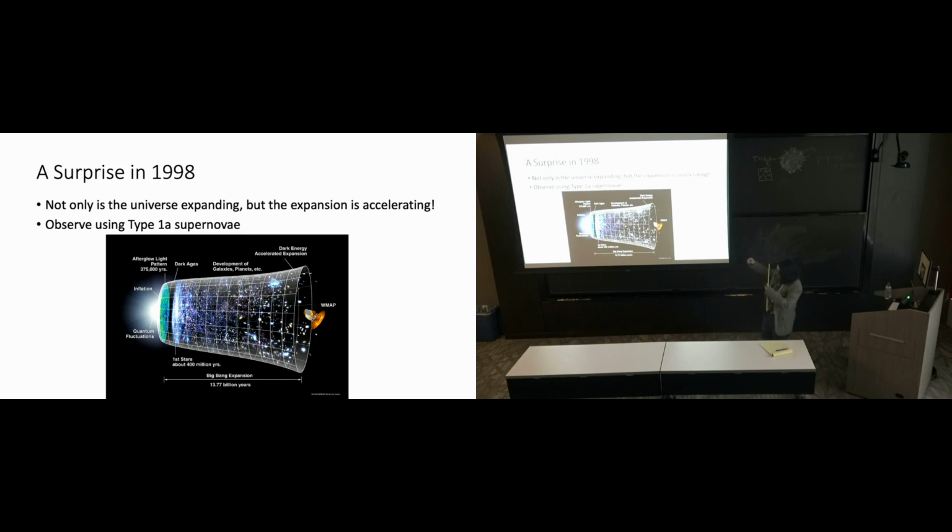And so by looking at lots of supernovae, you can measure quite precisely what the current rate of expansion of the universe is.